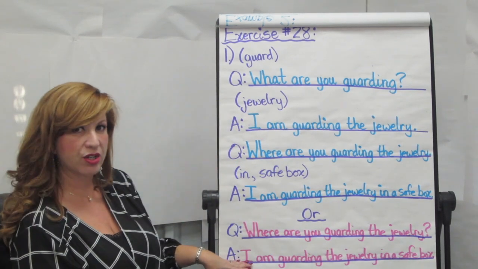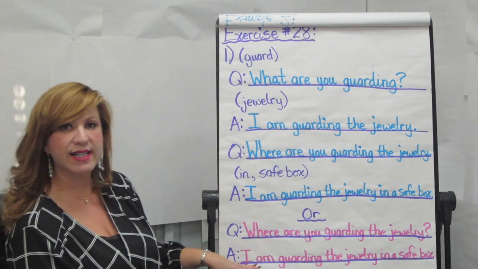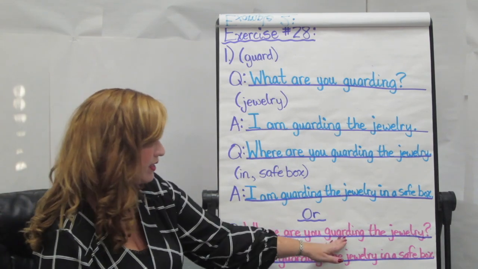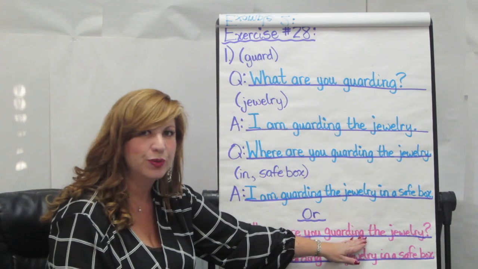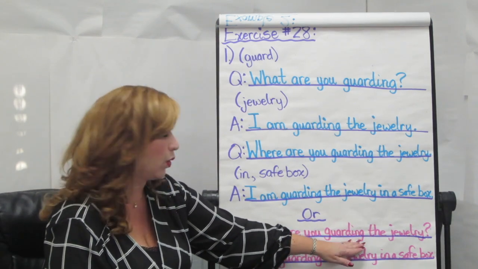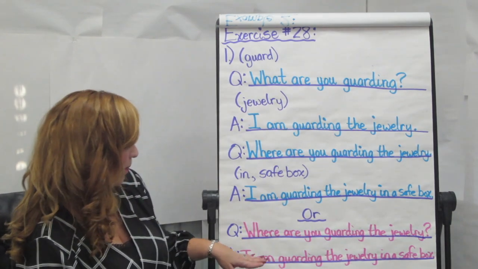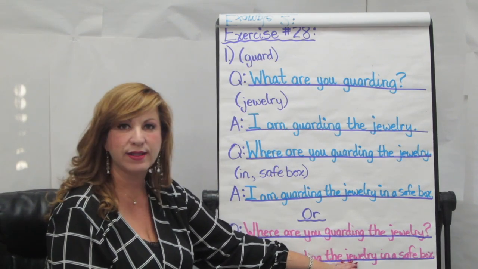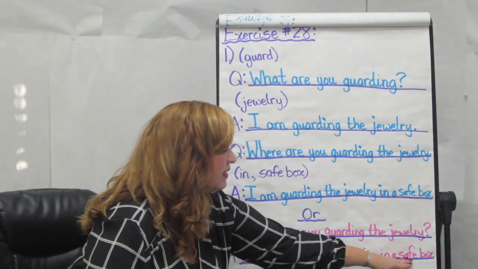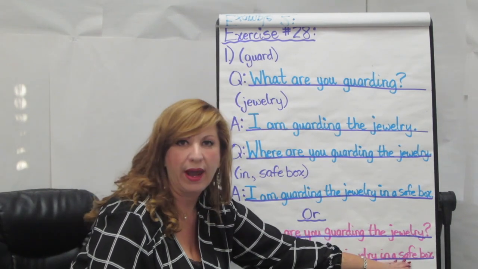So in my answer, again, it's still in the present progressive because you could see guarding, it has the ing, and that's a clue to let me know in what tense we're working in. And I am guarding the jewelry. The jewelry would be the what, and in a safe box would be the where.